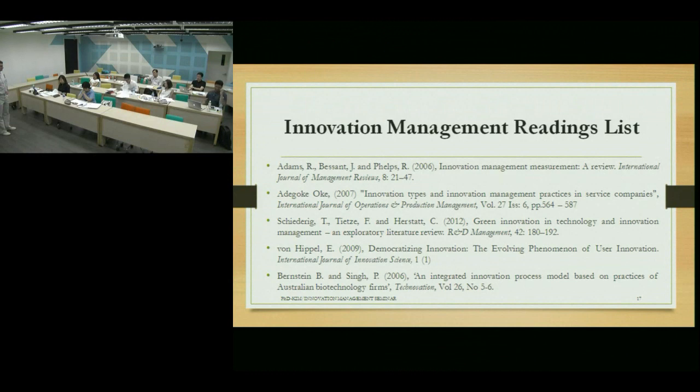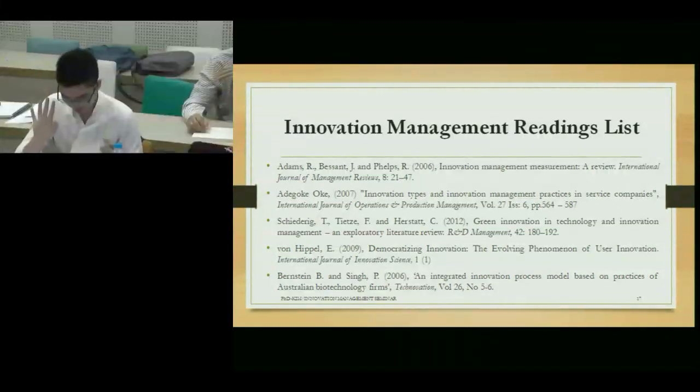They define all types of innovation. So the types of innovation, process, product, incremental, and radical innovation, are taken as dependent variables. But for independent variables, they have 7.